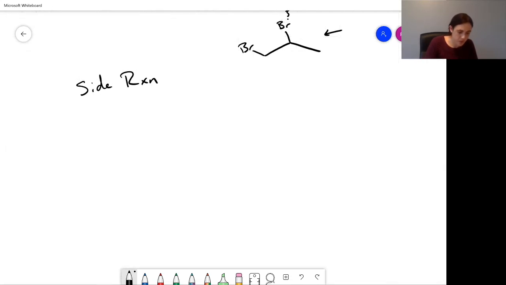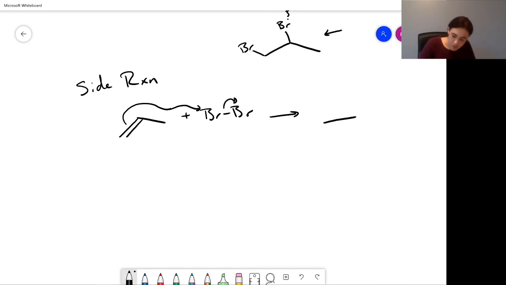You don't necessarily have to know the mechanism of this. I'll show you really quickly how this happens. We'll get into electrophilic additions in the next course. So remember, double bonds are electron rich.